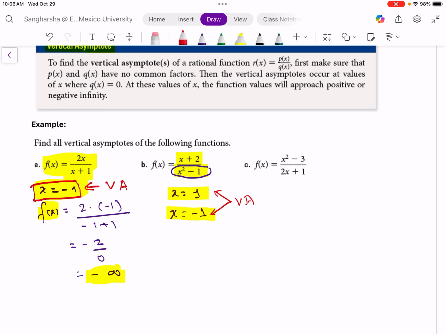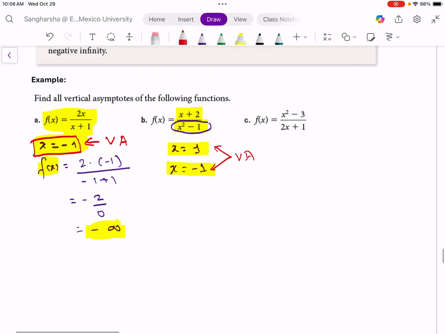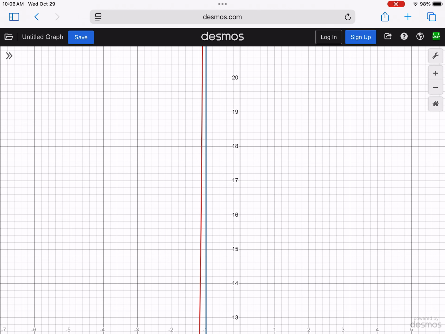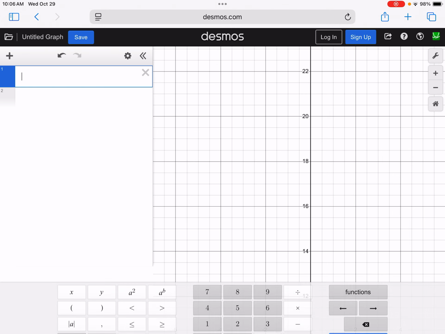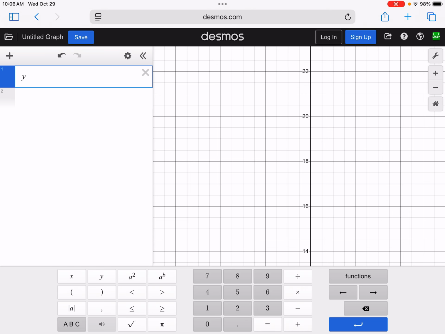Now in a graph, let's draw this function. So we have f of x, or let me use y equals x plus 2, right? x plus 2 in parentheses divided by x squared minus 1.